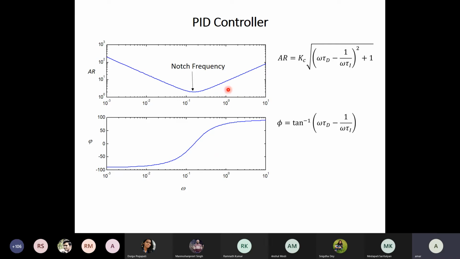So initially the derivative action is pretty high. That's why you get the derivative peak when you give a set point change. Initially the derivative action is pretty high, then it falls off, and then the integral action takes over.